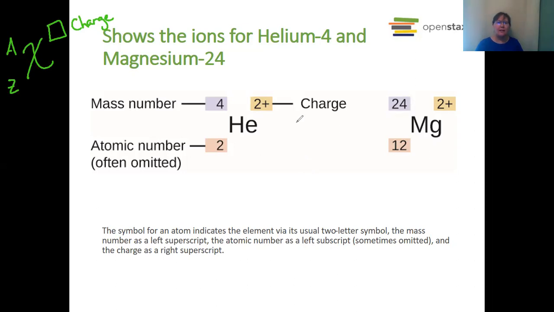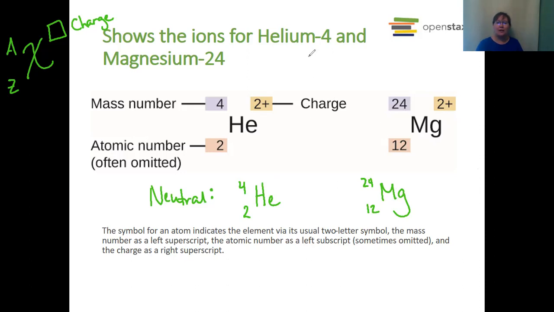So if you look at these, this shows the ion for helium with a 2+, and the ion for magnesium 2+. Okay, if these were neutral, it would look like this: He 4 and 2 and Mg 24 and 12. Okay, and that's what they would look like if they were neutral as opposed to ions.